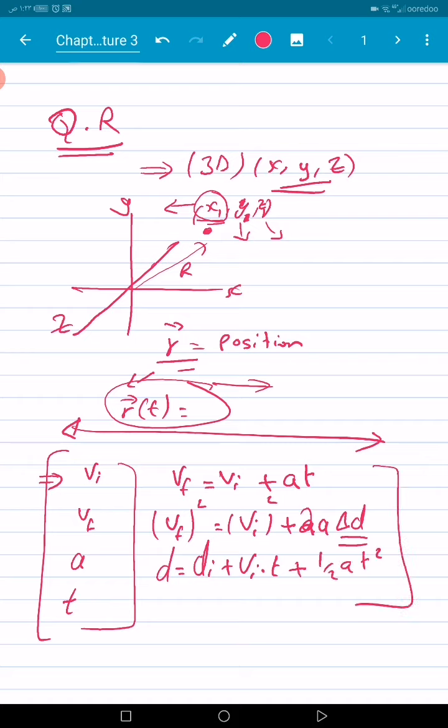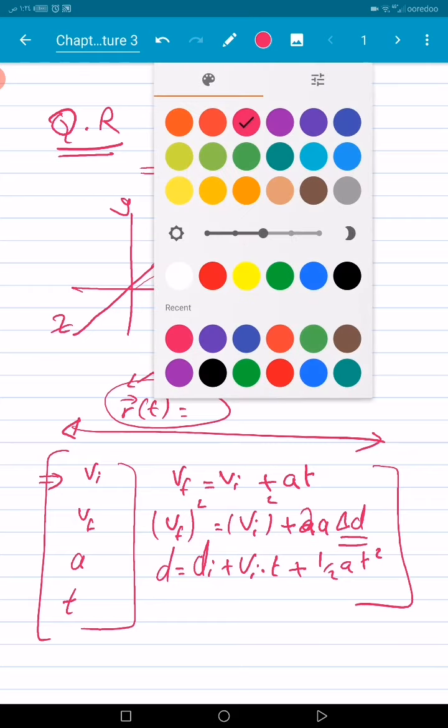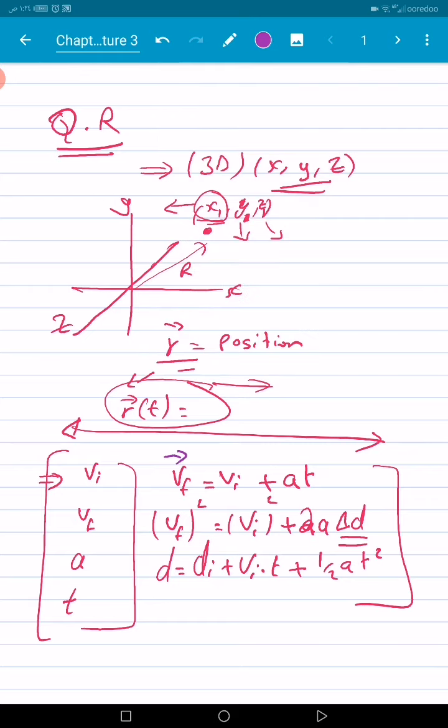So we want to apply these 3 equations and find it in space, and we mentioned that you just put them as vectors. That means v final in space in i, j and k, in x, y and z, v initial, a acceleration. So that is the equation.